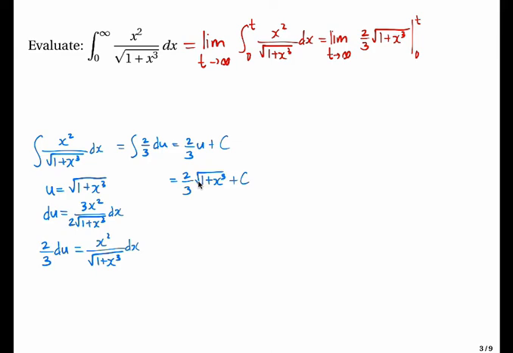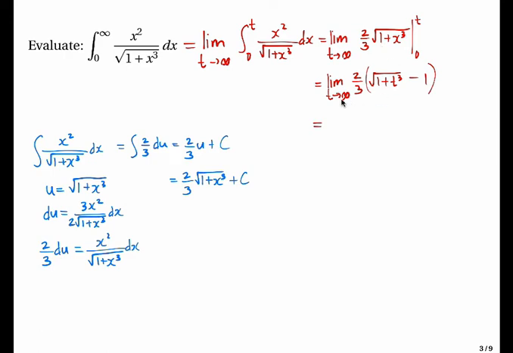And therefore, we will get the limit as t approaches plus infinity. Let me factor the 2/3. At x equals t, we just have the square root of 1 plus t cubed. And then minus, at x equals 0, this is just the square root of 1, which is simply 1.